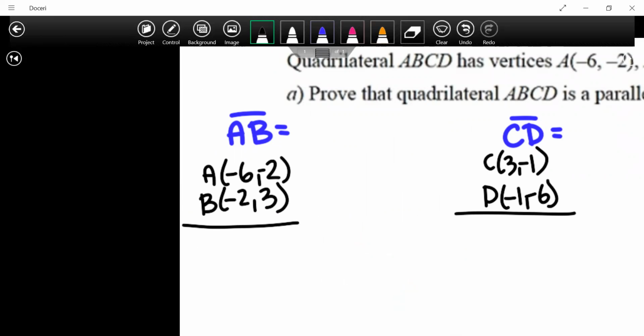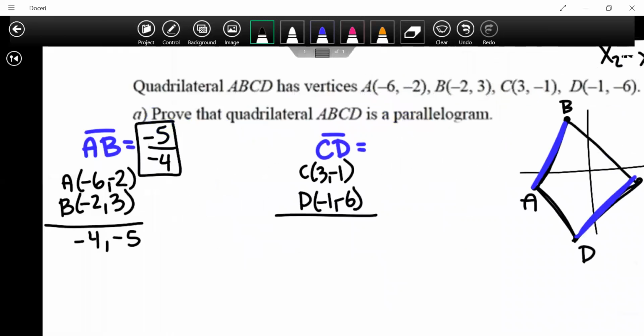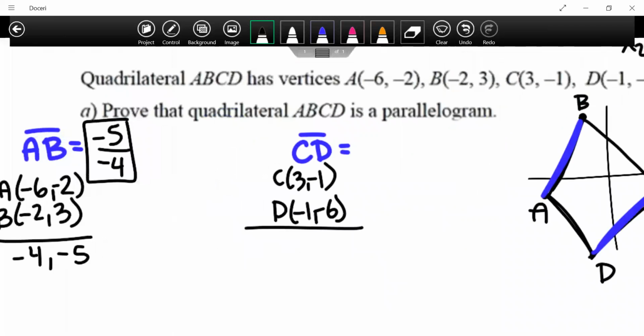-6 minus -2 is going to be keep, change, flip, which gives us -4. -2 minus 3 is going to give us -5. We write it as -5 over -4. This is our first slope. If we do the other pair, 3 minus -1 is going to be 4.